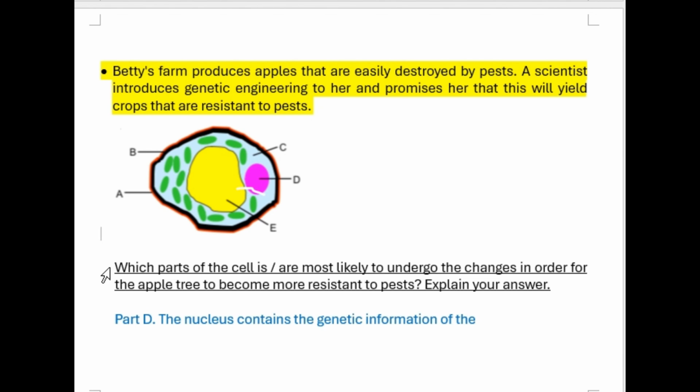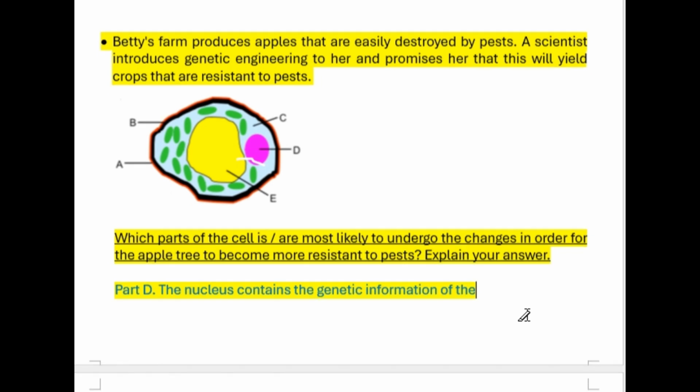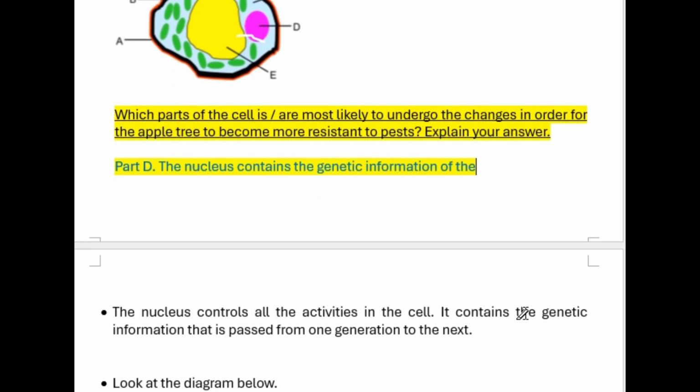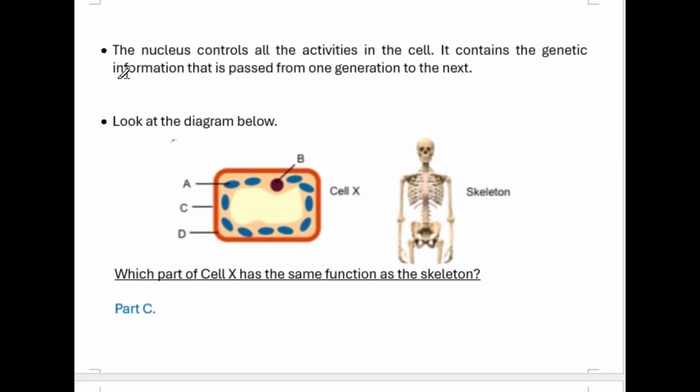Explain your answer. Part D. The nucleus contains the genetic information of the cell. The nucleus controls all the activities in the cell. It contains the genetic information that is passed from one generation to the next.